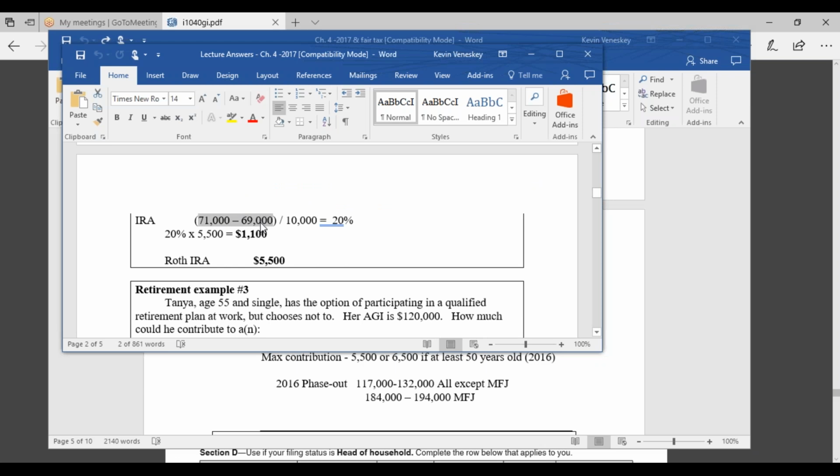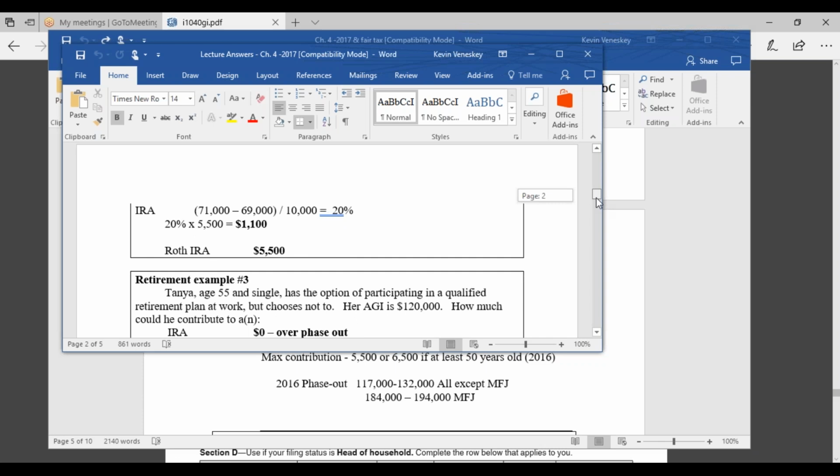Subtract out what his AGI is at 69. 2,000 left over the span of 10. So he would be allowed 20% of the 5,500. He can only deduct $1,100 on his 1040. Whereas with the Roth IRA, he doesn't come anywhere near the cap. The cap is all the way up over 100,000, so he can put in up to 5,500 into the Roth IRA. Now he can't deduct anything, but any future earnings would be tax-free.